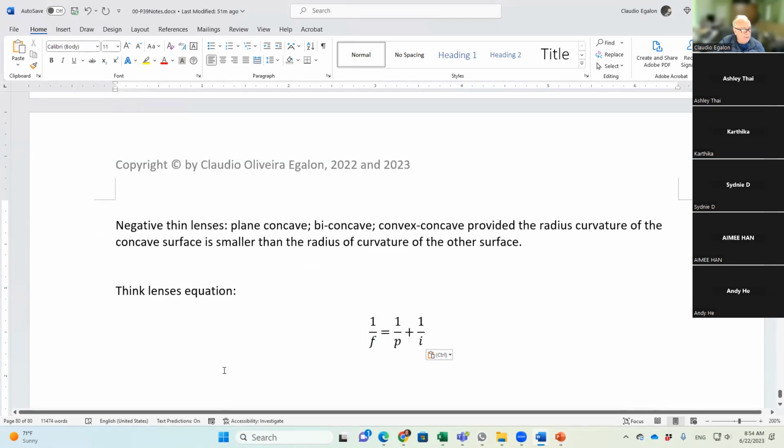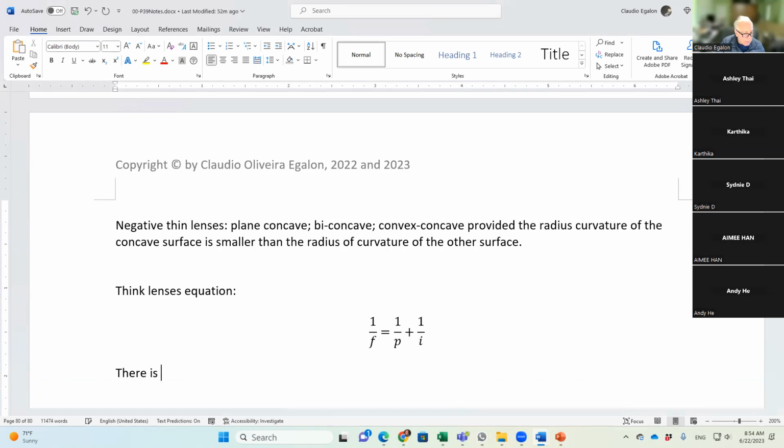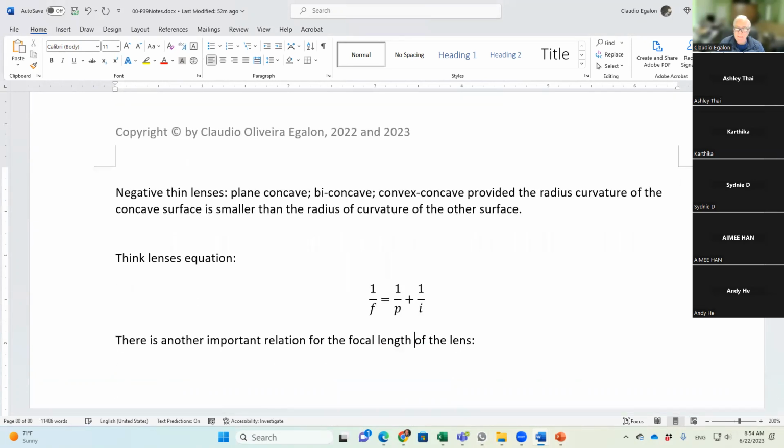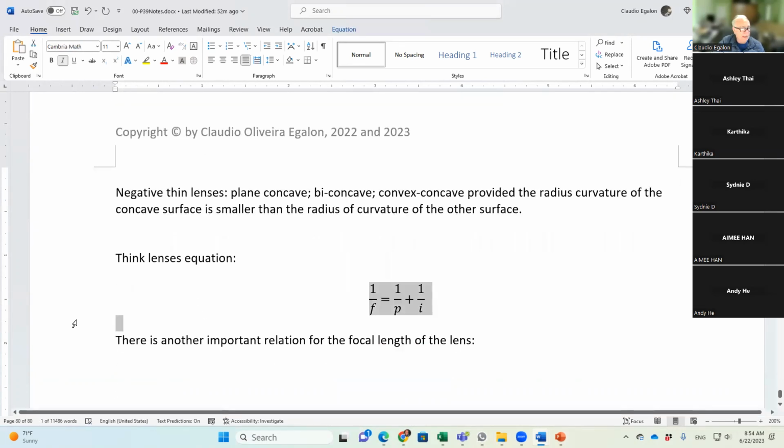There is another important relation that mirrors do not have. Important relation for the focal lengths of the lens. And this relation is like that.